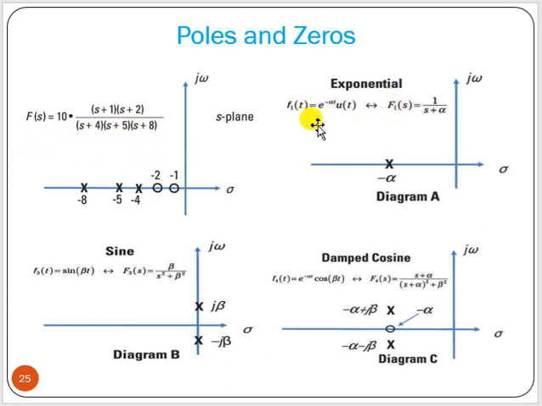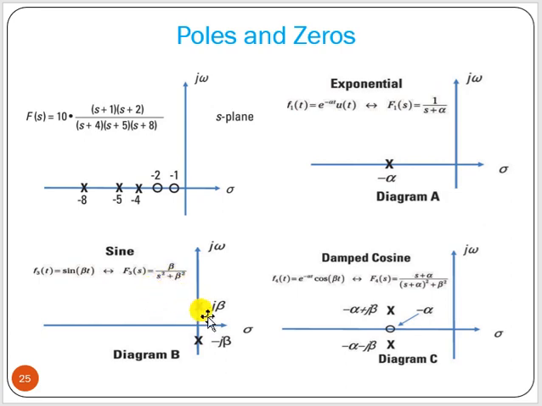Now say the exponential term e to the power minus alpha t u(t). If you convert into the Laplace domain, it is 1 by (s plus alpha), so the pole is at s equal to minus alpha. If it is exponentially increasing, e to the power alpha t u(t), the pole should be on the right hand side at plus alpha. Now the sine term, sine beta t, is nothing but beta by (s square plus beta square).